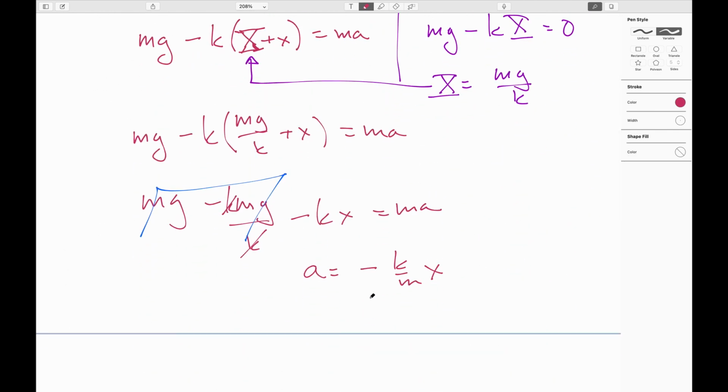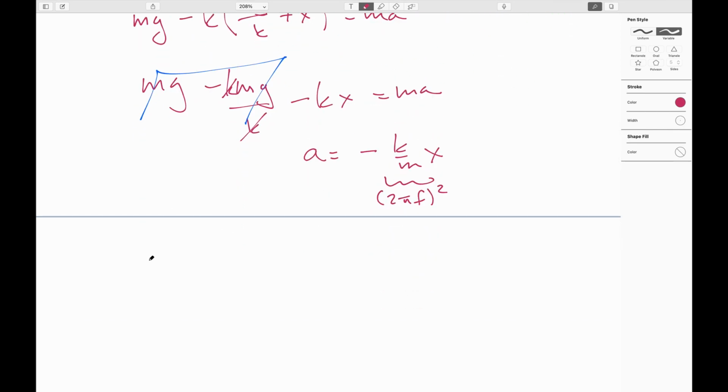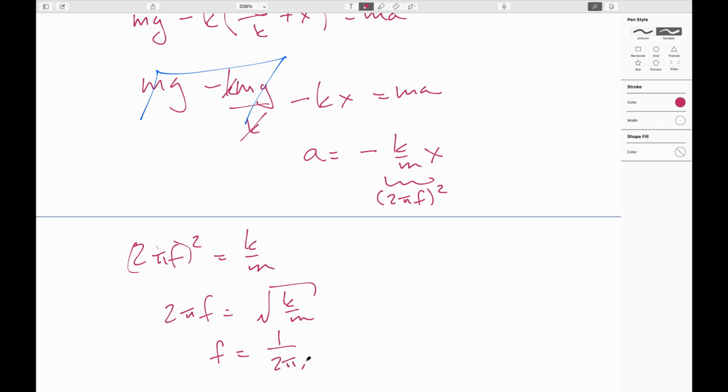So what we get is the exact same result as before. We get that 2 pi f squared is equal to k over m. So we can solve for the frequency. Taking the square root of both sides, 2 pi f is equal to root k over m. And we get the frequency is 1 over 2 pi root k over m.